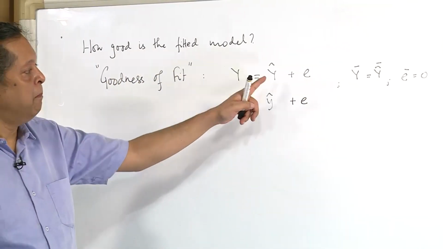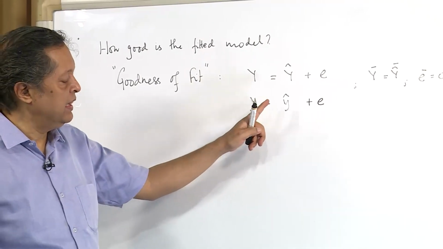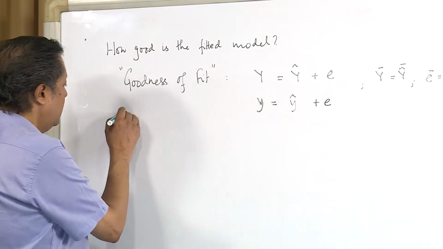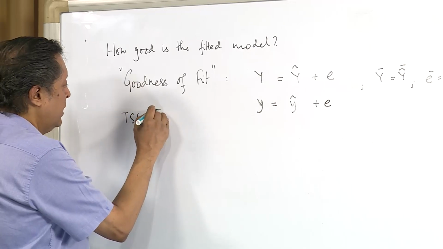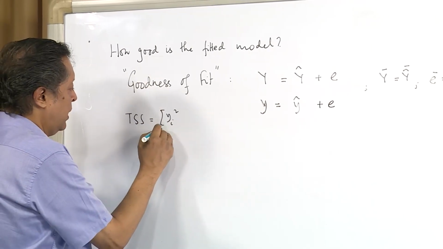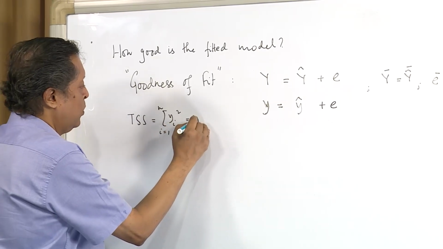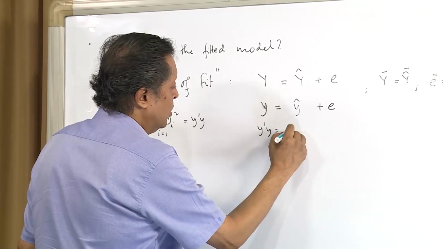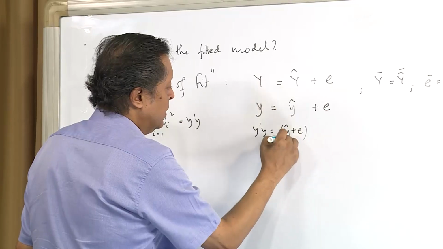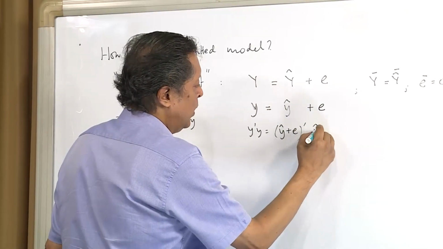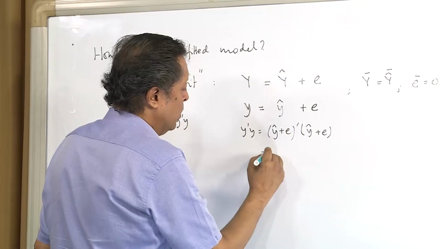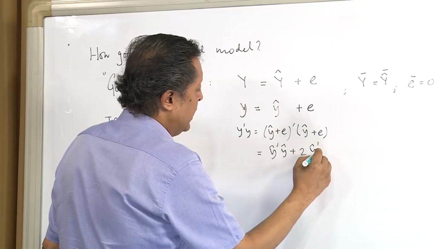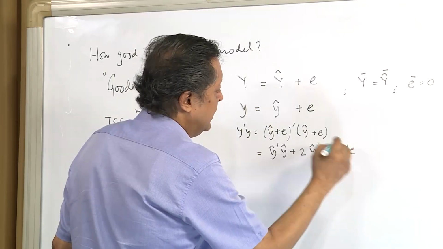So that is, the model as observed is equal to estimated plus error in deviation terms, and we define the total sum of squares as summation yi square, i going from 1 to n, which is nothing but y'y. So y'y will be equal to (y hat + e)'(y hat + e), which will be equal to y hat'y hat + 2 y hat'e + e'e.